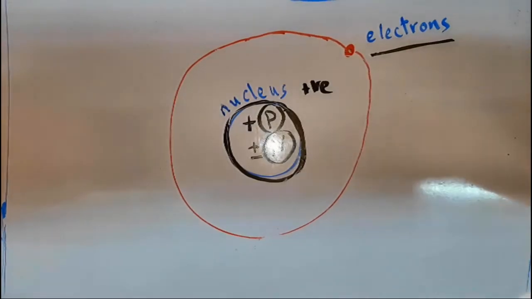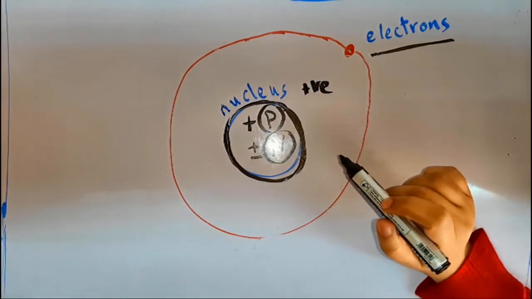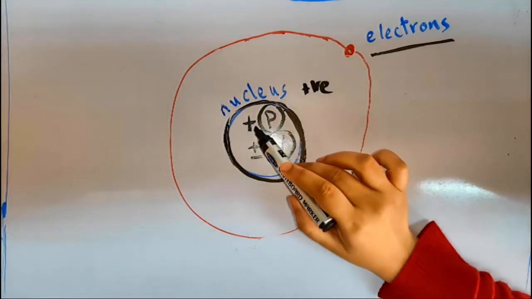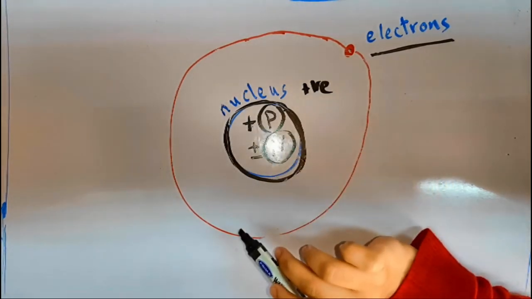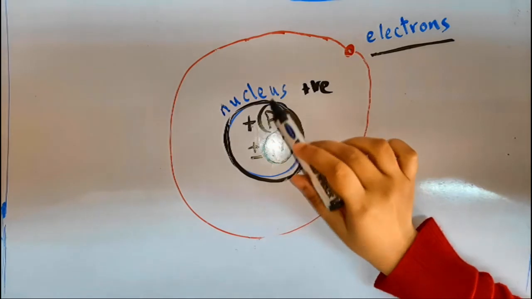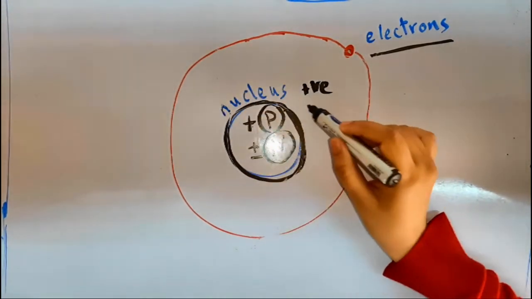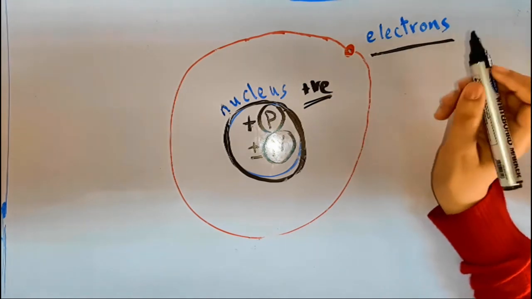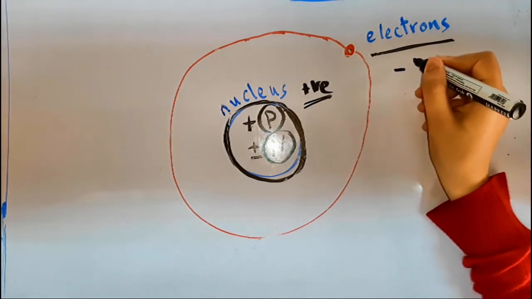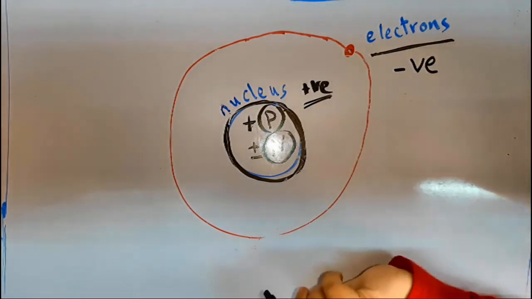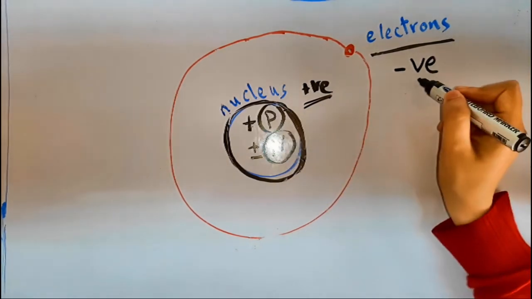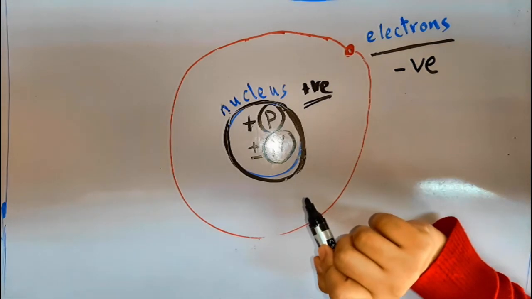Why is the atom electrically neutral? As I said, the nucleus has positive protons and neutral neutrons. Of course, this makes the charge of the nucleus positive. And here we have electrons, which are negative. The number of positive protons is the same as the number of negative electrons.